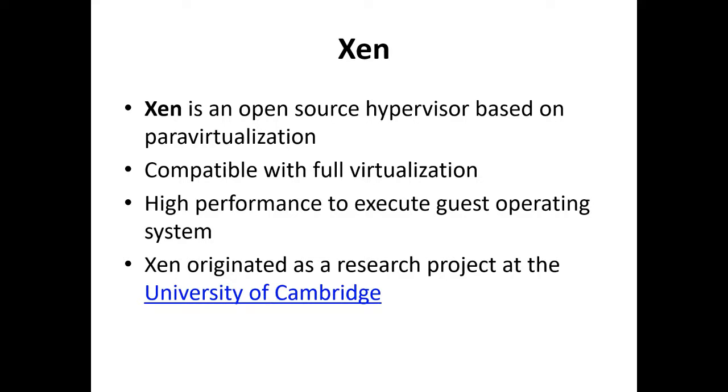Xen is an open source hypervisor based on paravirtualization. It is the most popular application of paravirtualization. Xen has been extended to be compatible with full virtualization using hardware assisted virtualization. It enables high performance to execute guest operating systems.